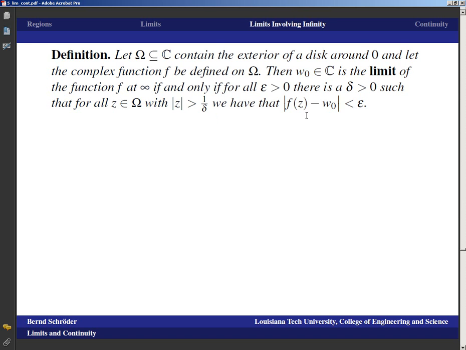We have that f of z minus w0 is smaller than epsilon. So that means the intuitive idea that when your input numbers get close to infinity, then your output numbers ought to get close to the limit. That's exactly what this encodes. The notation is that the limit as z goes to infinity of f of z is w0.